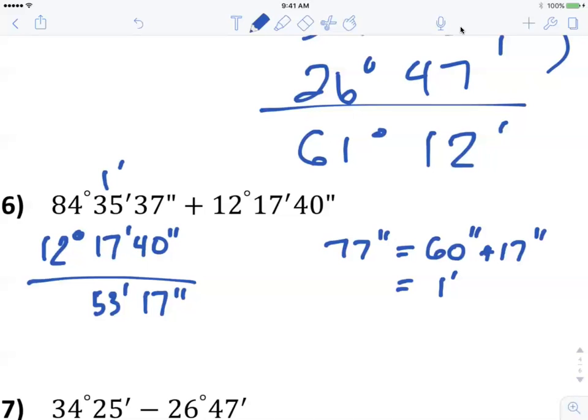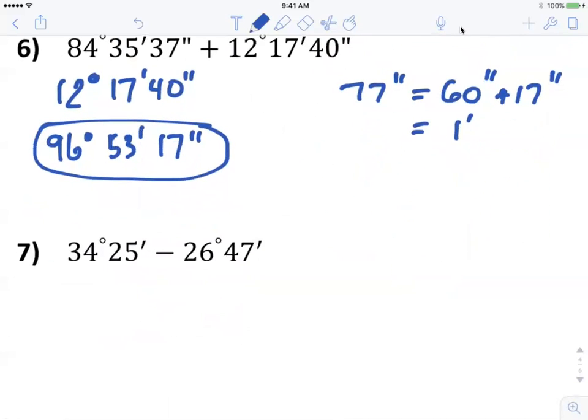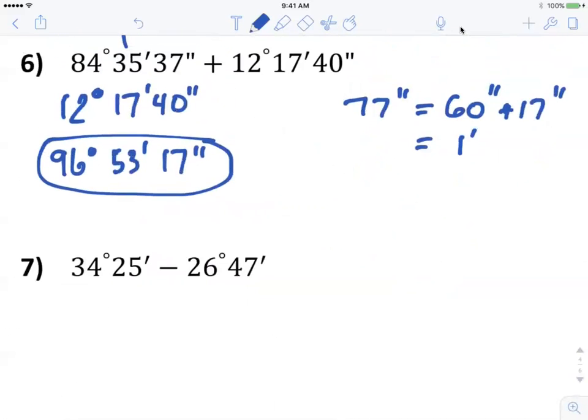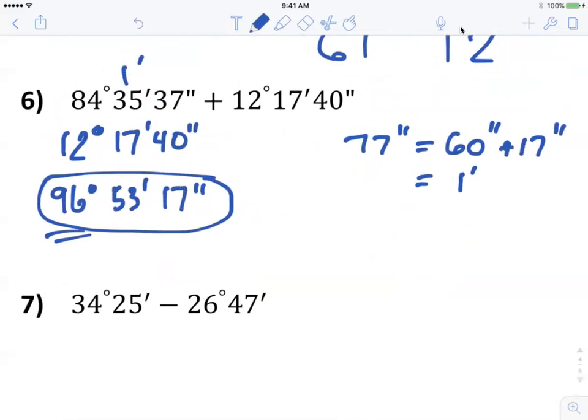Then I'm just going to add the degrees. That's 96 degrees. Final answer. So that's addition. You may have to carry, you may not, depending on whether you get something larger than 60. And the degrees don't matter if they're larger than 60, because there's no unit of measurement larger than a degree.